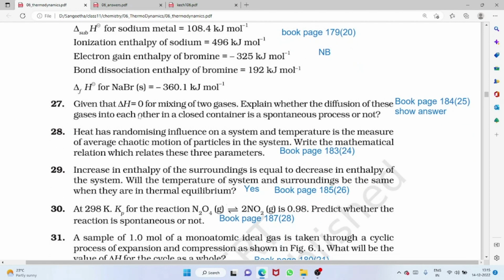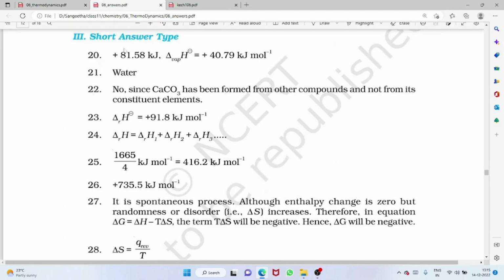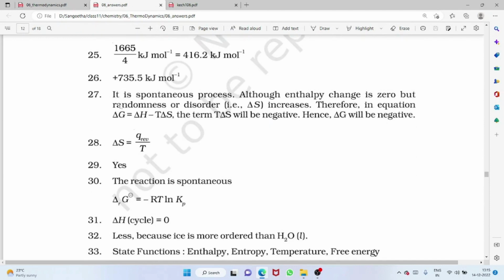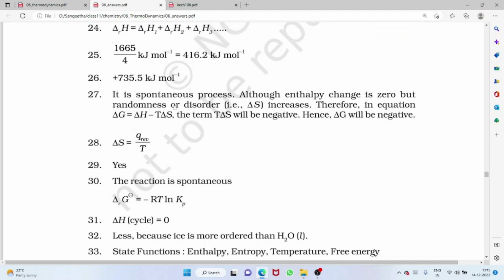Given that the enthalpy change is zero for mixing two gases, explain whether the diffusion of these gases into each other in a closed container is spontaneous or not. Spontaneous means delta G should be negative. It is a spontaneous process. Although the enthalpy change is zero, the randomness or disorder increases, so delta S increases.